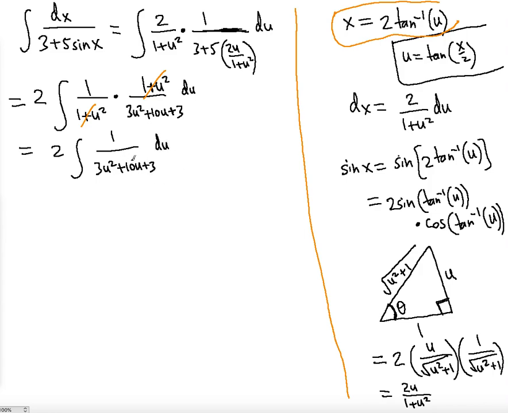How do you factor this? I'm going to do the factoring here. So notice that 3u squared plus 10u plus 3 can be split as 3u squared plus 9u plus u plus 3. Right, I'm splitting the 10u basically into the sum of 9u and u.